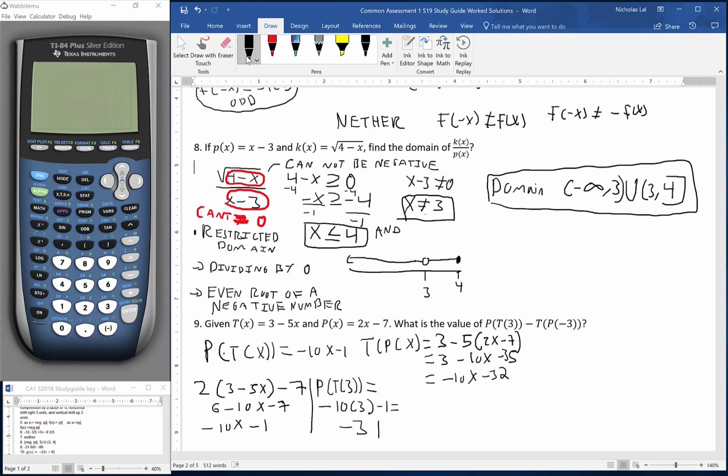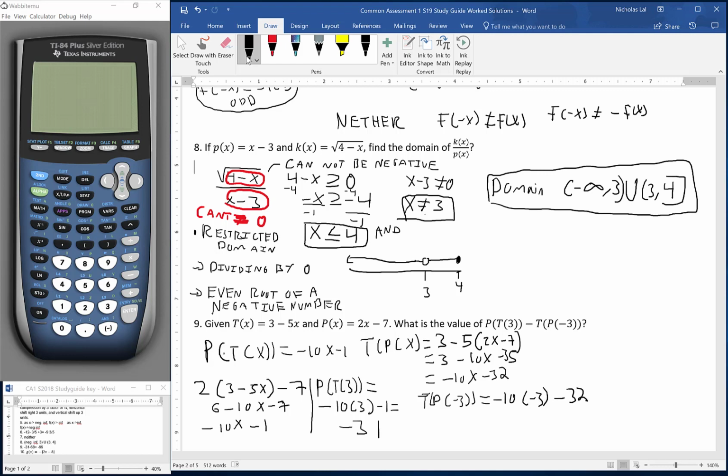And for t of p of x, well, we'll need to find p of negative 3. So t of p of negative 3 is going to be equal to negative 10 times negative 3 minus 32.